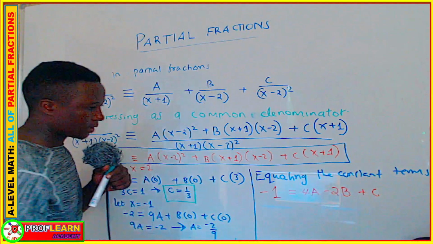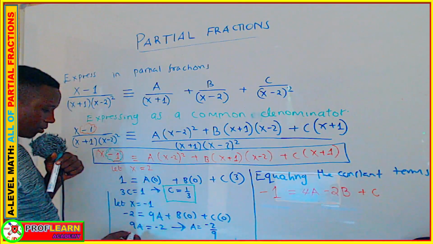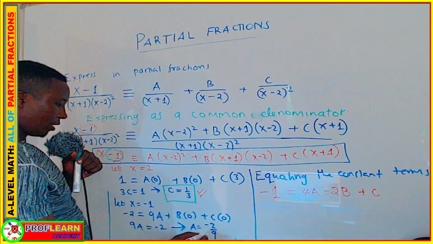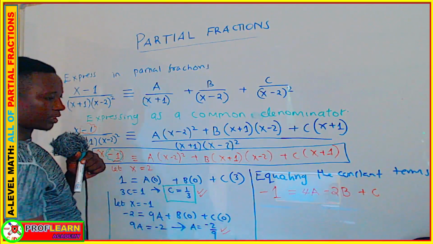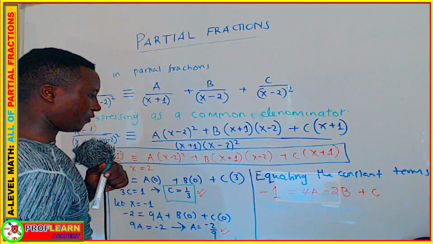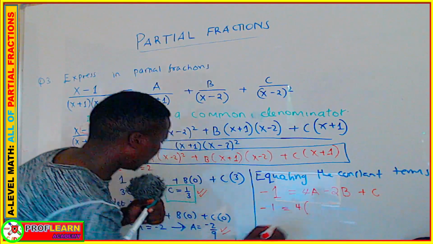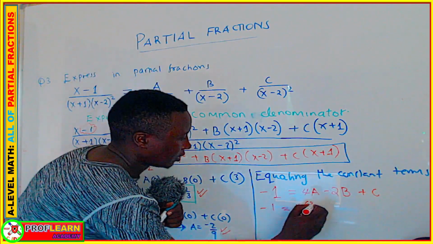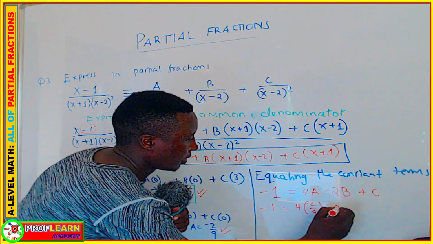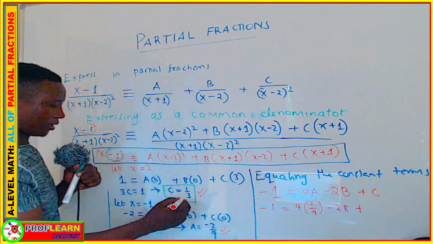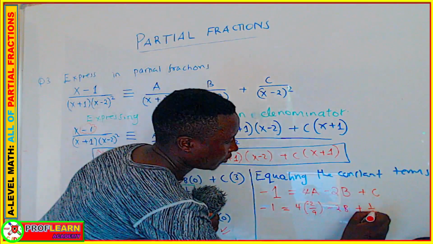So which will mean that because we already know the value of c and we know the value of a, we can substitute them so that we can find the value of b. So this is going to be minus 1 is equal to 4 into a. Our a is negative 2 over 9, minus 2b, and our c actually is 1 over 3.